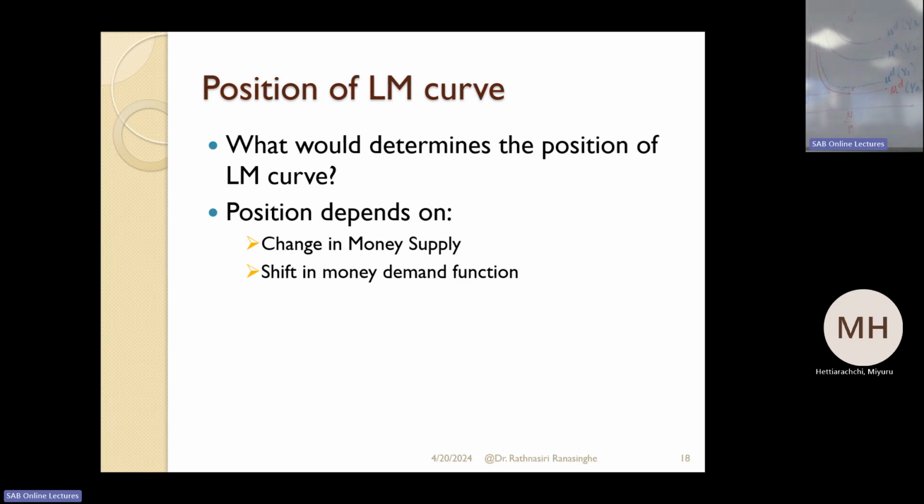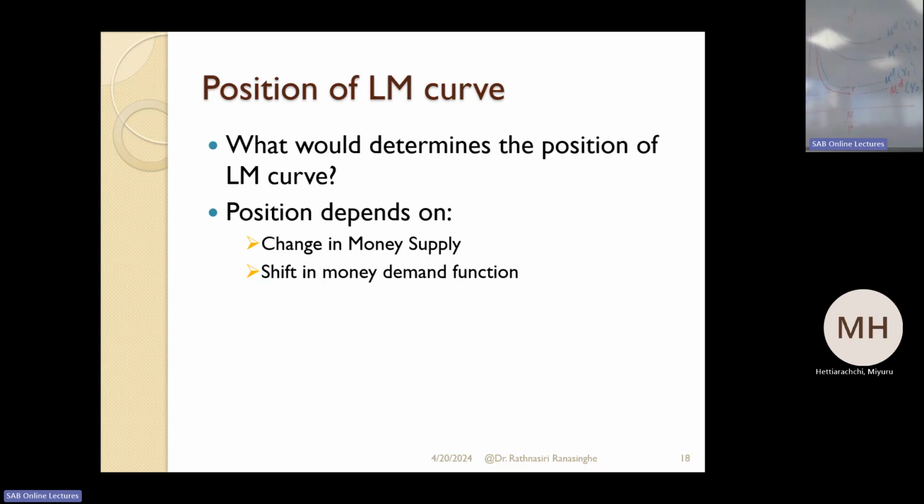Then you need to know how a change in the money supply, that is the monetary policy variable, affects the LM. Money supply, not the money stock. If there is a rise in the money supply, what happens to the LM curve?